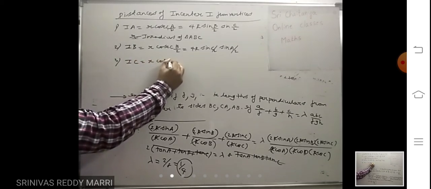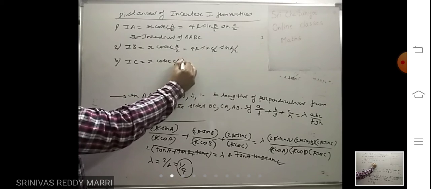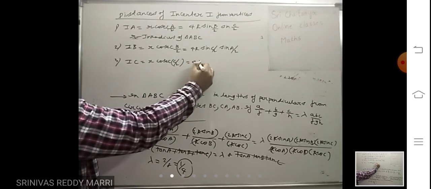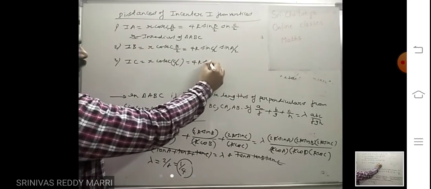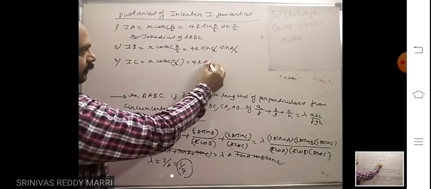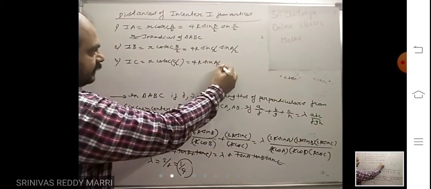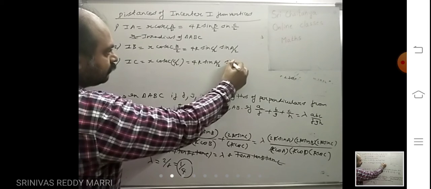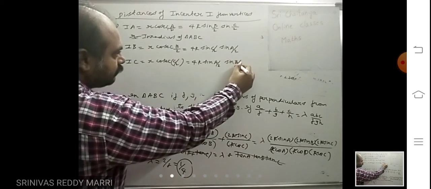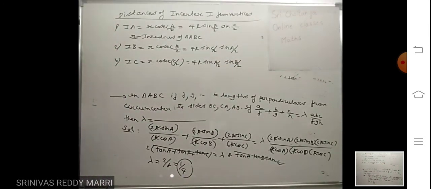This is nothing but r cosecant C by 2 or 4R sin A by 2 sin B by 2. These are the distances of incenter I to the vertices A, B, C: IA, IB, IC.